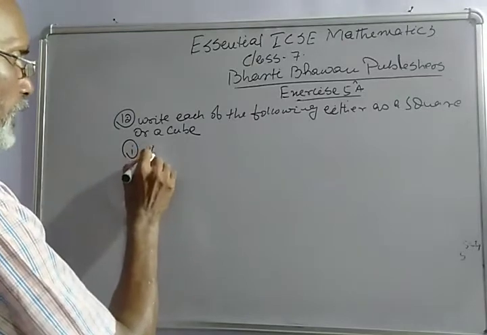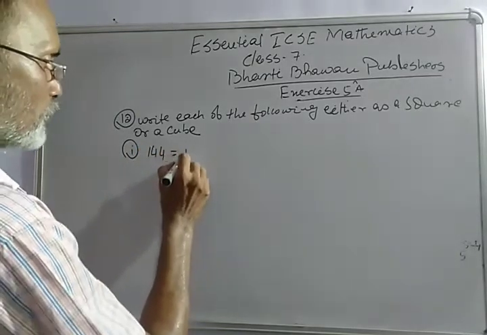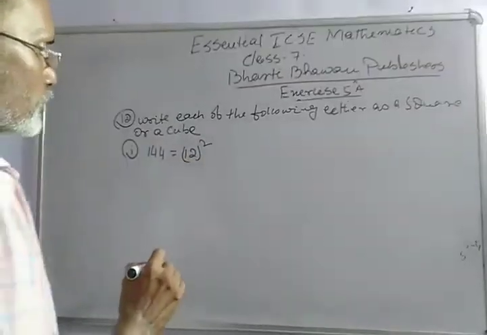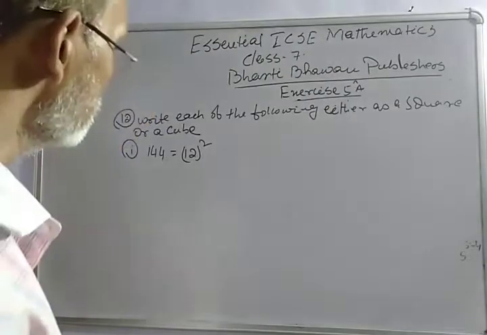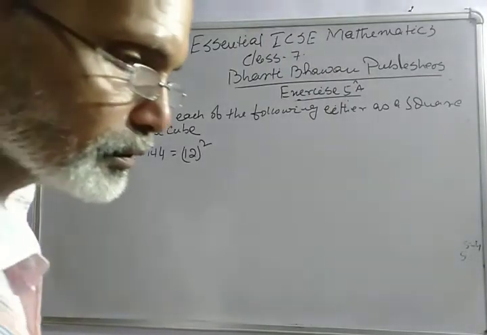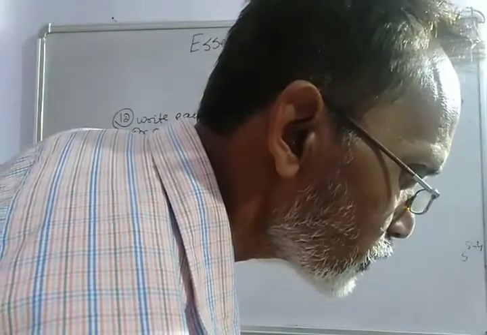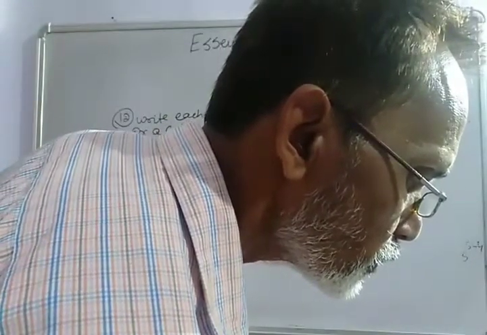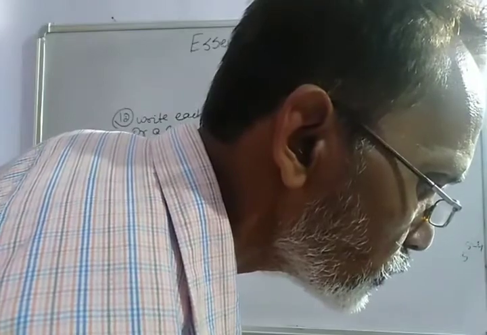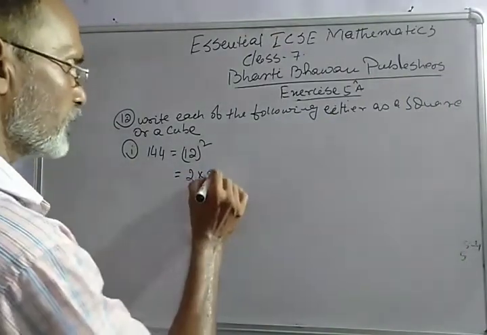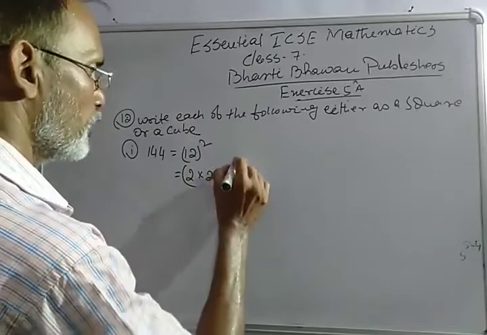This is equal to 144. So this is equal to 12 whole square, root over 12 whole square. So this is equal to (2 into 2 into 3) whole square.